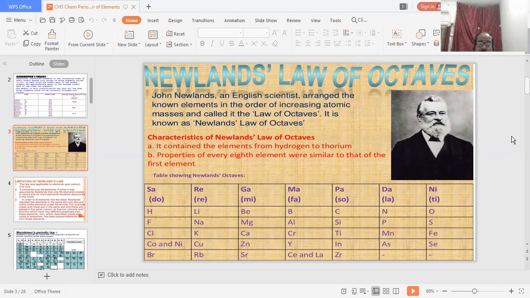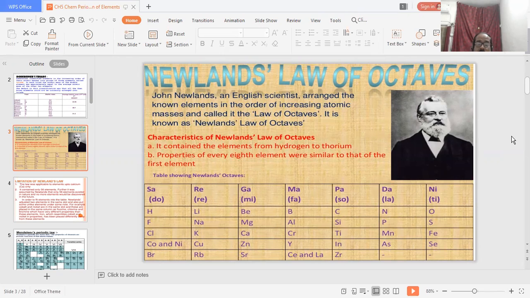In the sa column of the table: hydrogen, fluorine, chlorine, cobalt, nickel, and bromine. In re: lithium, sodium, potassium, copper, and rubidium. In ga: beryllium, magnesium, calcium, zinc, strontium.